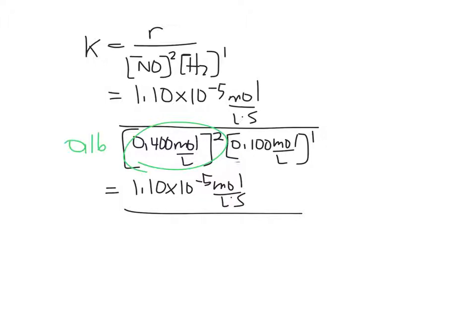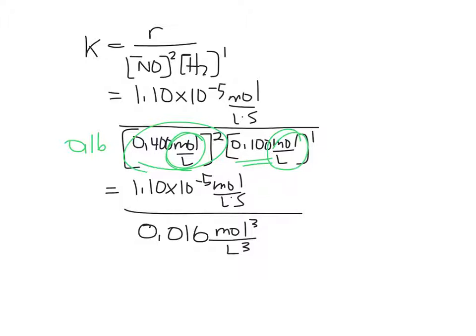Multiply that by 0.1 and we're left with 0.016, but we've squared our units here times moles per liter here, so our units become mole cubed over liters cubed. You have to do the same math to your units as you do to your numerical values.